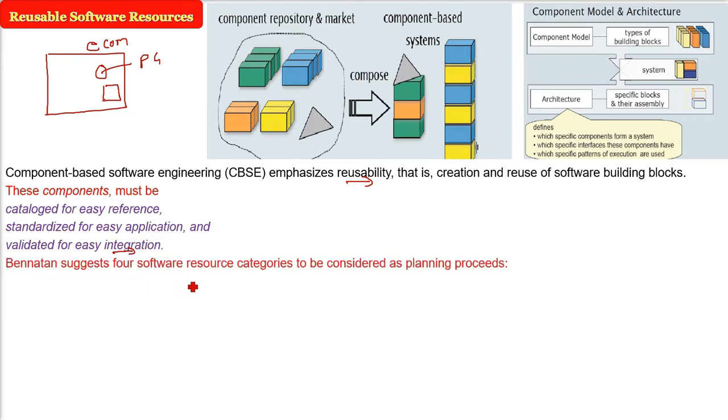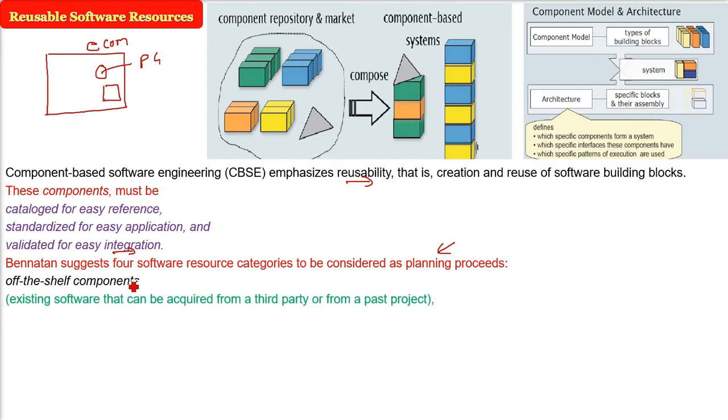So Bannerton suggests 4 software resource categories to be considered as the planning proceeds. I'm talking about the reusable software resource components. First is the off-the-shelf component. That is, you can just go to a third party and buy it, or use a past project that is already there with all these properties we just discussed. We also call it the COTS component, off the shelf.